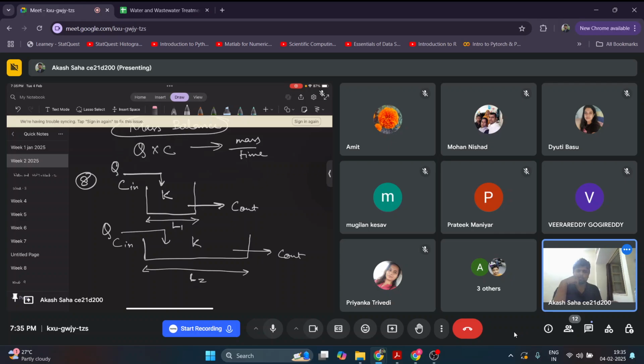So what do you think? The length will be smaller or larger for the PFR? Which will have more length? Ideally, what should be the case? Which reactor will have more length, PFR or CMFR? Just think about it.